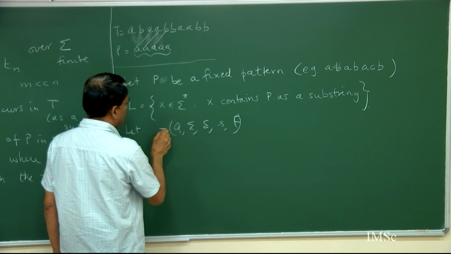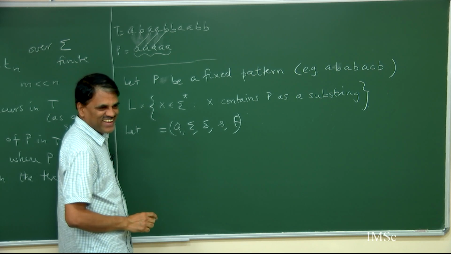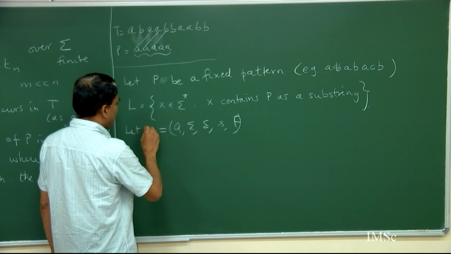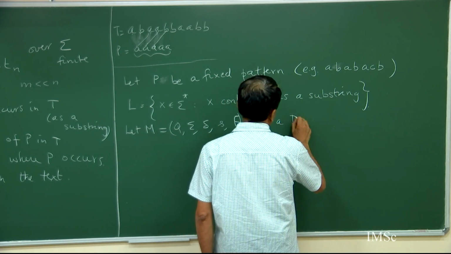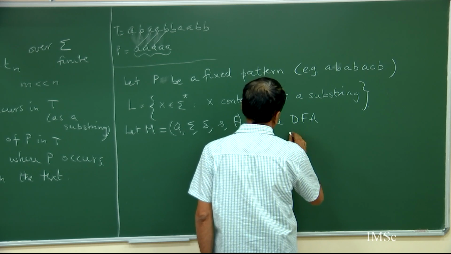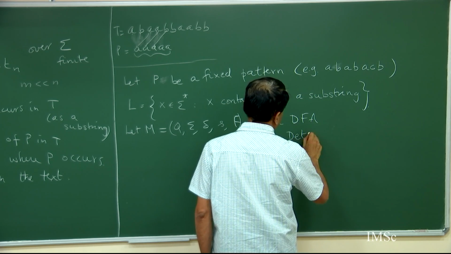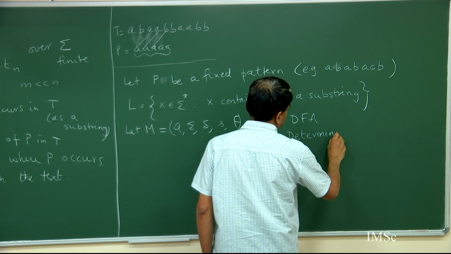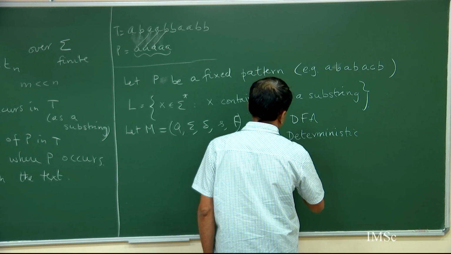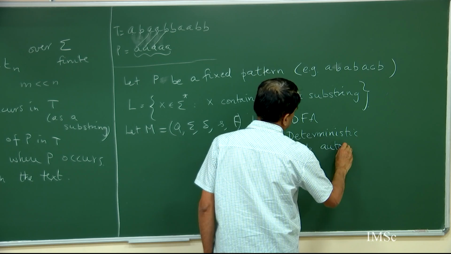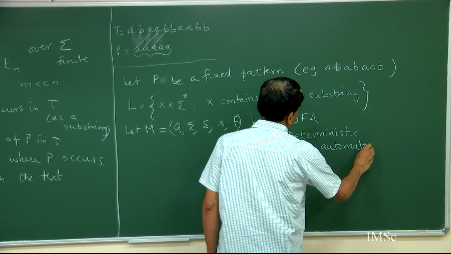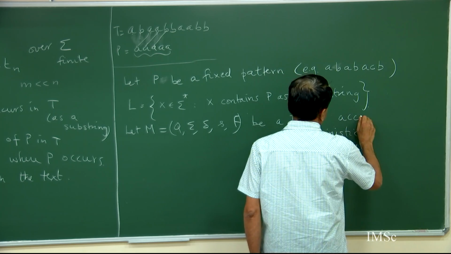Now what is this called? This is an automaton, right. So let's call it M. Right. So this is a DFA, deterministic finite automaton accepting L, right?